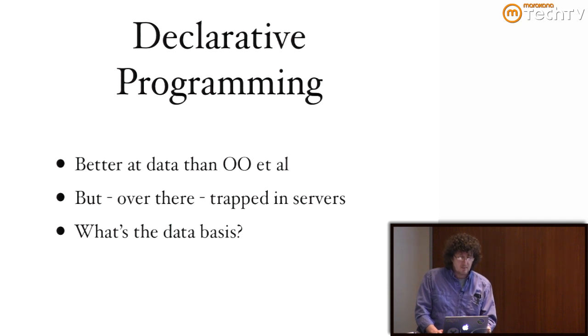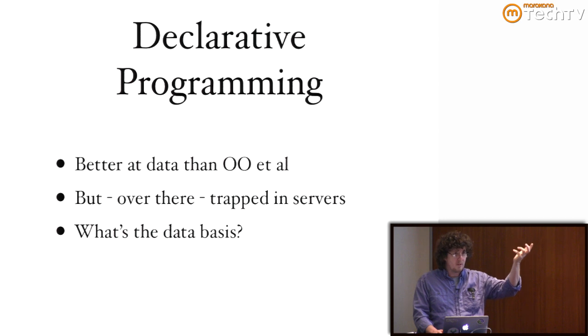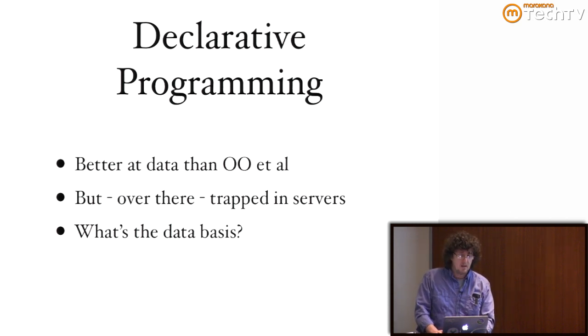And it ends up that declarative programming is much better at manipulating data than what we do in our languages, even functional languages, right? In our languages, we sort of go through stuff, but we do not have this very nice higher order set logic for dealing with data. And it is superior to dealing with data, even in a functional language, and way superior than dealing with data in an object-oriented language. We use object-oriented languages because we have them, not because they're better at this. They really are much worse at this.